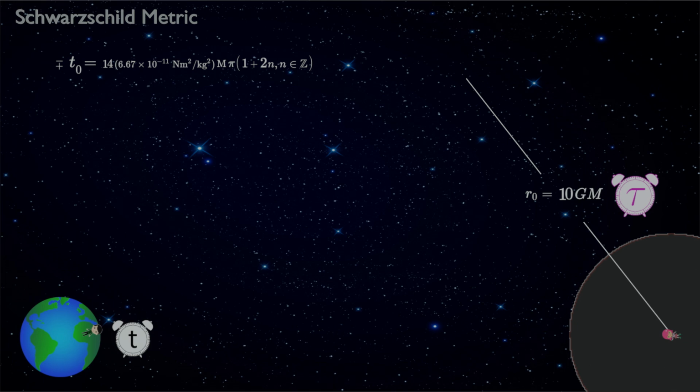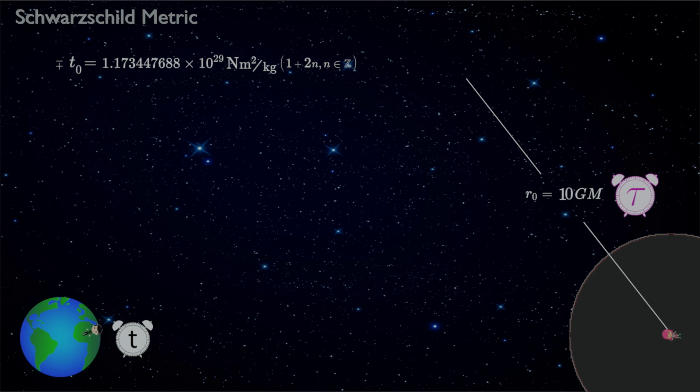And recall that the mass of the black hole that Stella is falling into is 20 million solar masses. Multiplying the numbers together, we find that minus or plus t equals approximately 1.17 times 10 to the 29 Newton meters squared per kilogram, multiplied by 1 plus 2n, where n is an integer.